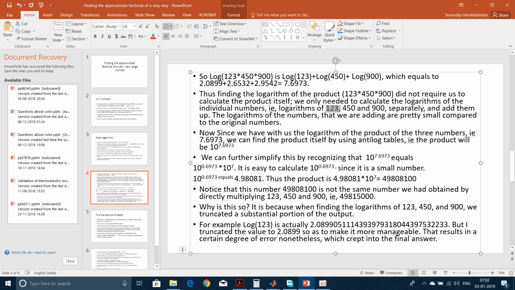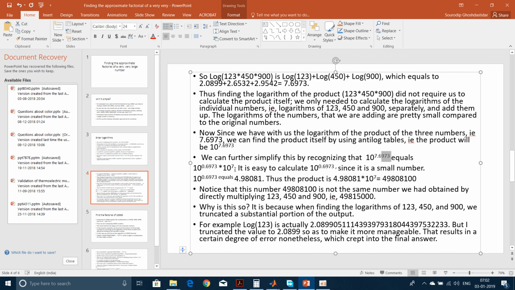So now we can find the actual product by using antilog tables. The product will be 10 to the power of 7.6973. That's your answer. But we can simplify this: 10 to the power of 7.6973 equals 10 to the power of 0.6973 into 10 to the power of 7.